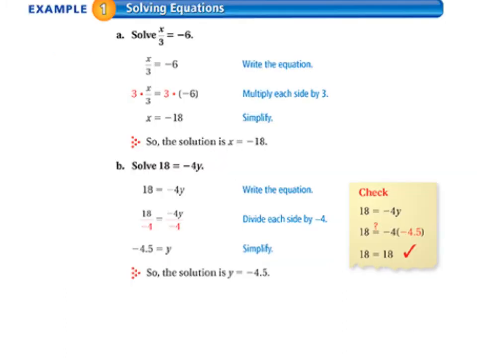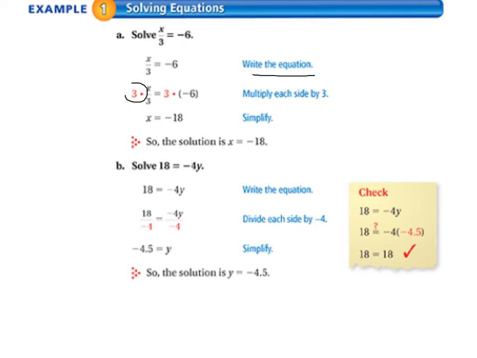So example 1 is solving equations. Our first equation has letter A, solve x over 3 equals negative 6. So our first step, obviously, is to write the equation. So we did that. And then we're going to use inverse operations. So we're multiplying each side by 3.